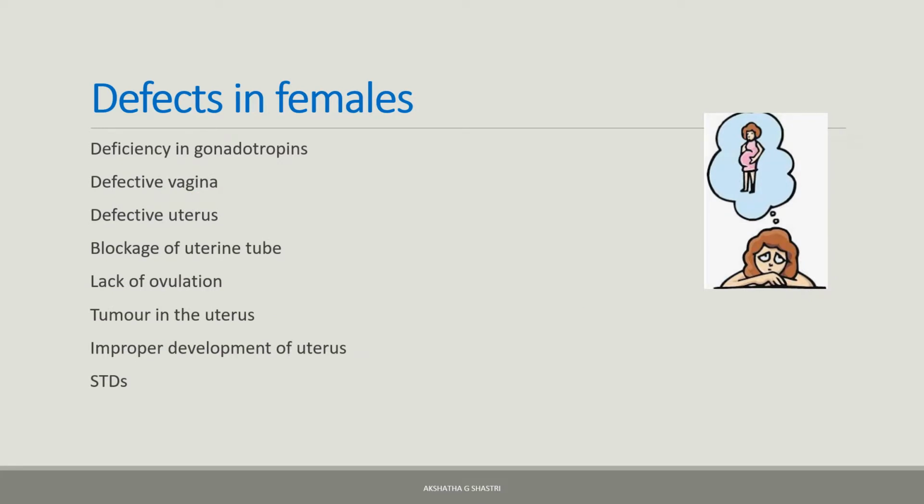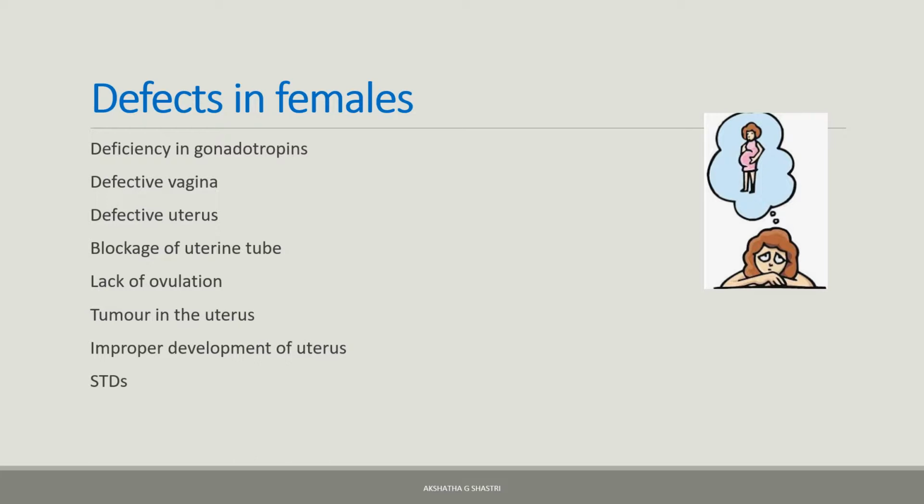Next, let us see what defects are seen in females. The first is again deficiency of gonadotrophins, that is follicle stimulating hormone and luteinizing hormone. Next is defective vagina. If the female has an abnormal vagina, she cannot conceive. These changes take place in the vagina during prenatal development. Sometimes an absent vagina is also seen in some cases.